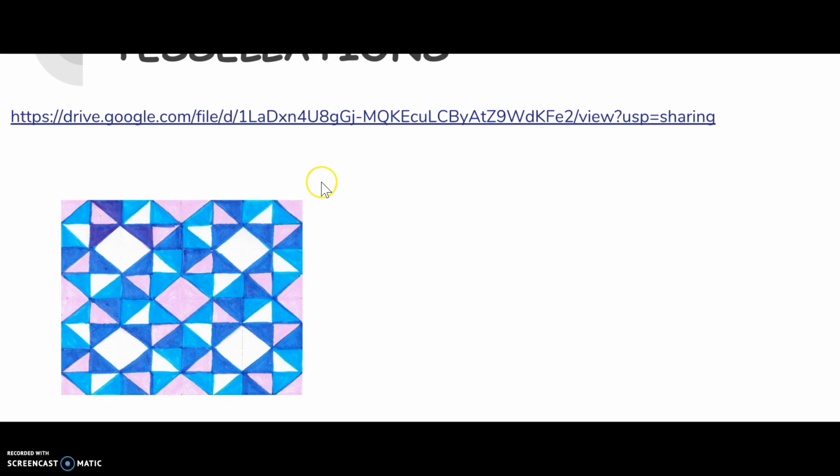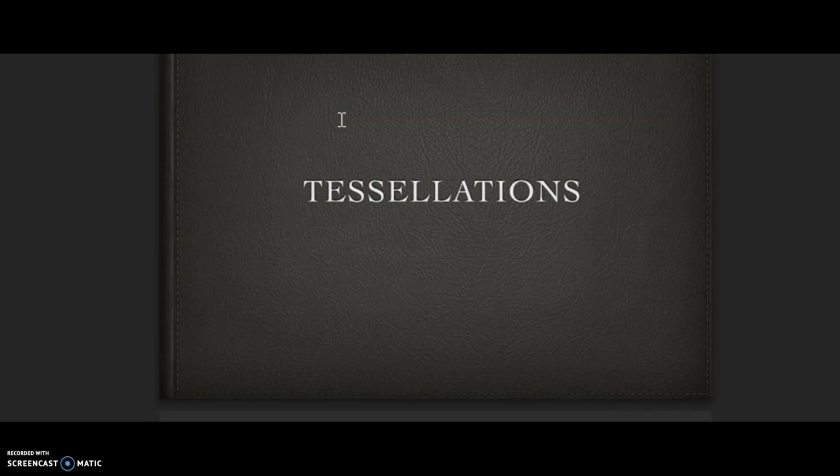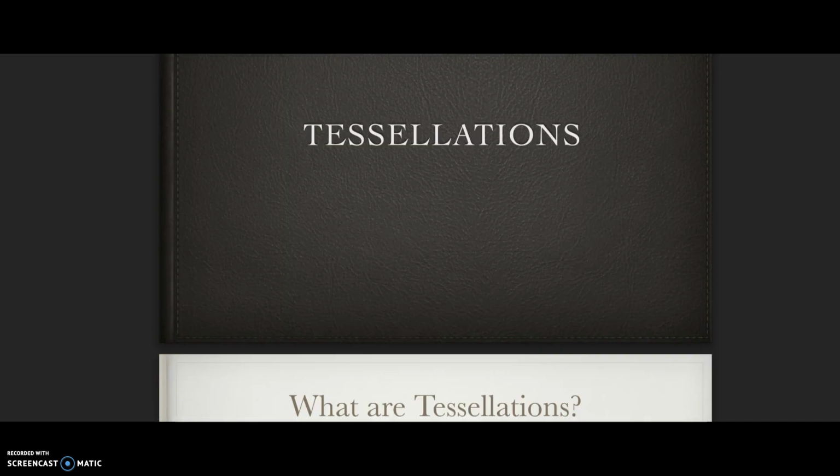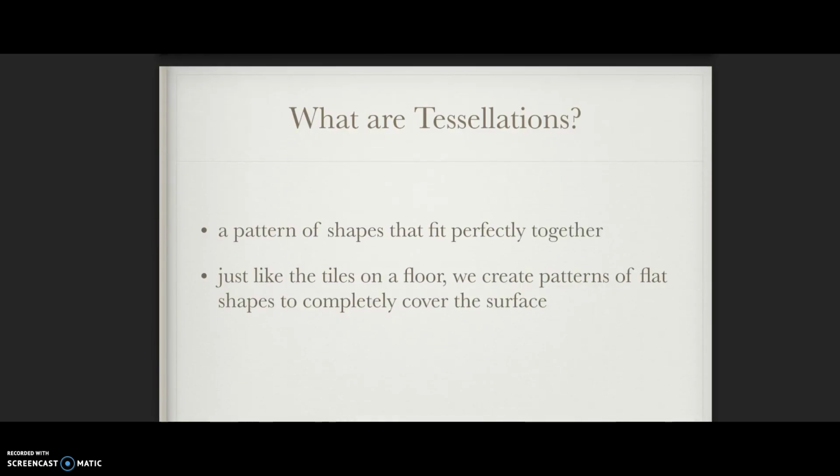Now, let's talk about tessellations. Tessellations are a little bit different. They are patterns, but what exactly are they? Well, tessellations are a pattern of shapes that fit perfectly together. Think of a jigsaw puzzle that you're putting together. The pieces have to fit and lock in so that they eventually create one image.